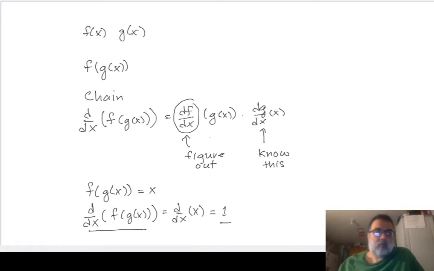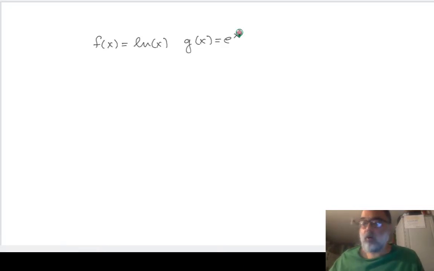Okay, so we're going to start with the example of natural log and e to the x. So in some of our exercises, we've made reference to what the derivative of the natural log is. So maybe you've looked it up, maybe you've skipped past those problems, but here's where we can start to think about where it is coming from.